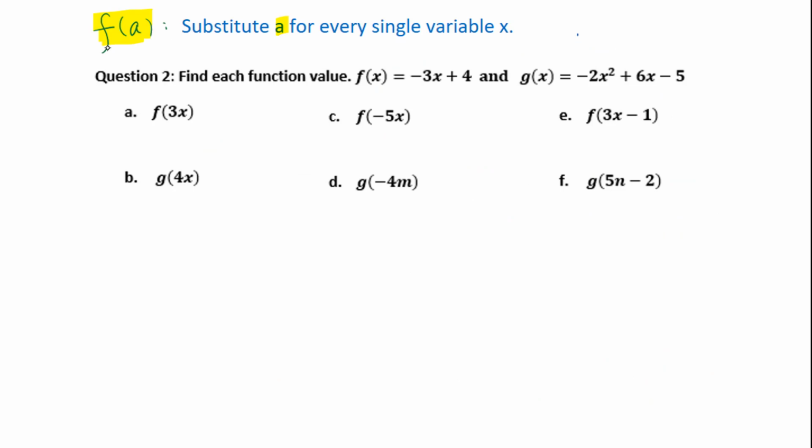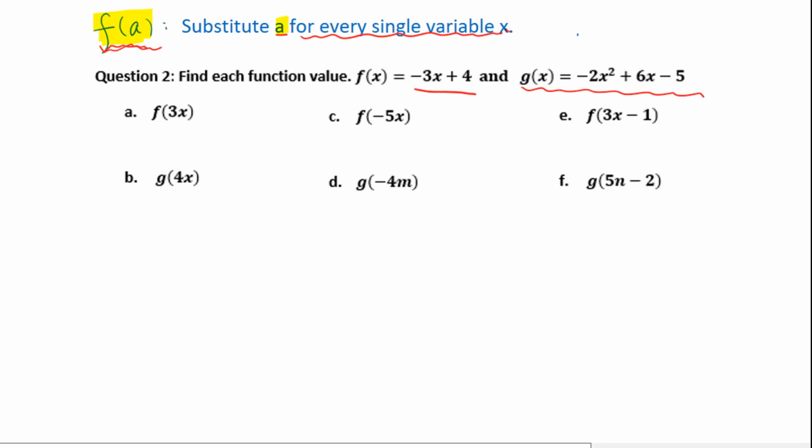Let's go to question 2. Find each function value. f of x equals negative 3x plus 4, and g of x equals negative 2x squared plus 6x minus 5. f of a means substituting a for every single variable x.